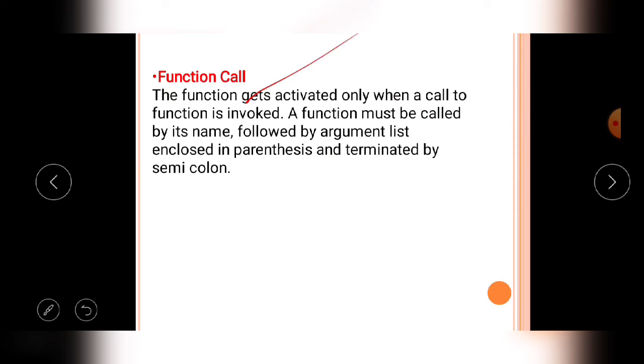Then the name is followed by the list of arguments enclosed in parentheses. What type of values you have to pass into the function must be written in the parentheses.